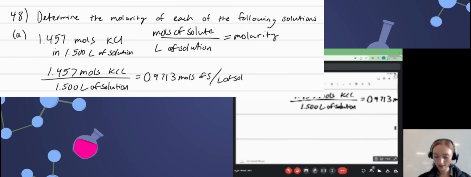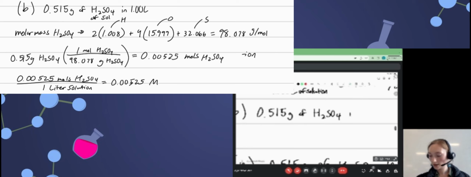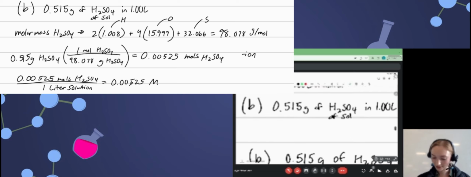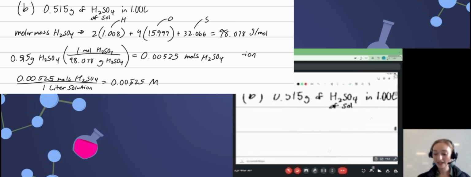This is 48b, and this has 0.515 grams of H2SO4 hydrogen sulfate and 1 liter of solution. So that is the question. Because we have the mass of the solute and we have the amount of total solution, we will divide both of these to find the molarity.